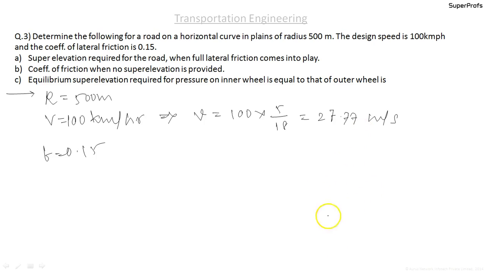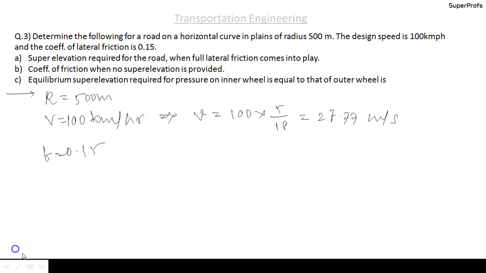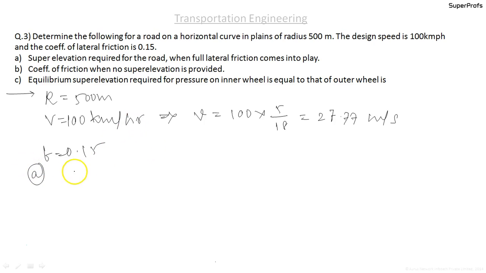Now we have to find the super elevation required for the road when full lateral friction comes into play. So the super elevation is to be calculated when full lateral friction is available. Our general formula is E plus F equal to V square upon GR.